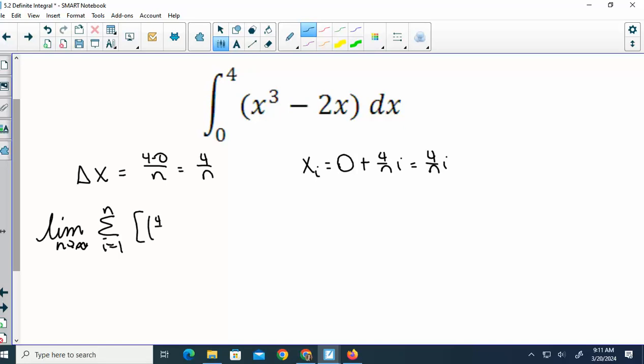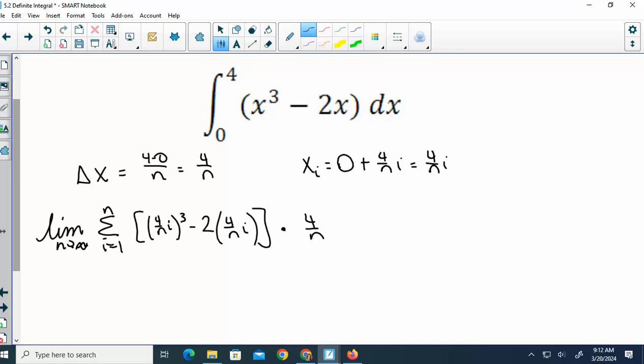So 4 over n i cubed minus 2 times 4 over n i, times our change in x, or dx, they mean the same thing, so that is just the width of our rectangles. So times our 4 over n. Alright, same thing we have been doing, I just kind of wrote it out all in one step.